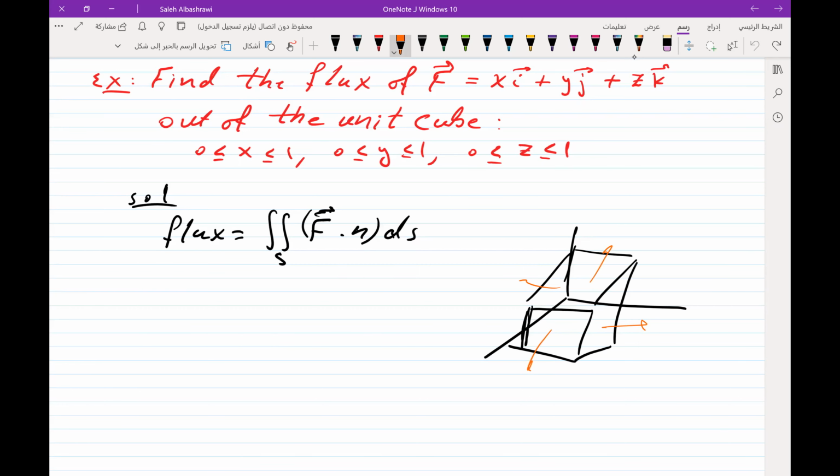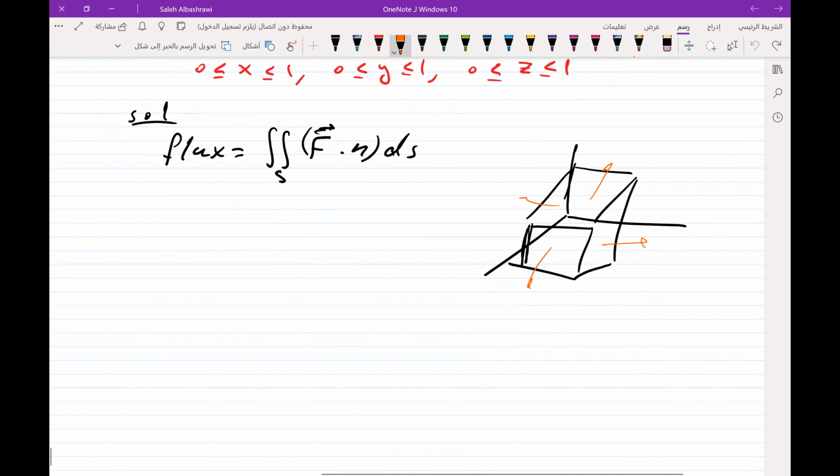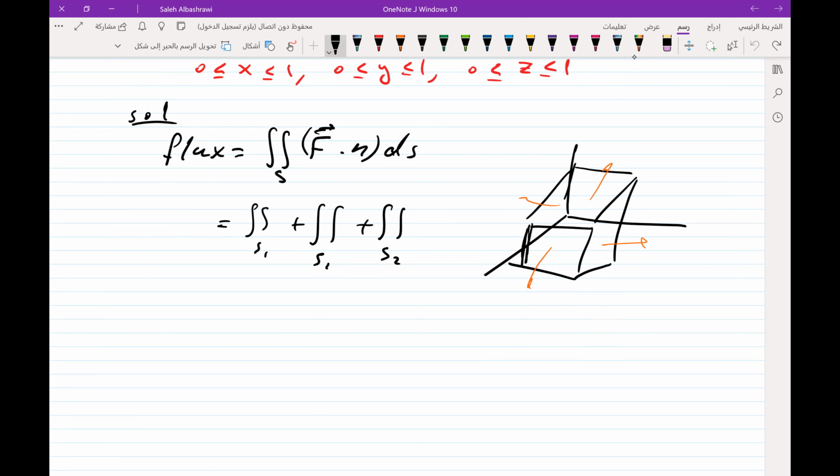So to find the flux, we have to find the flux for each one. I would say this is S1 plus the flux going through S2 plus the third, fourth, fifth, plus the flux going through the sixth face. We are going to deal with these faces individually and find the normal vector for each one of them.